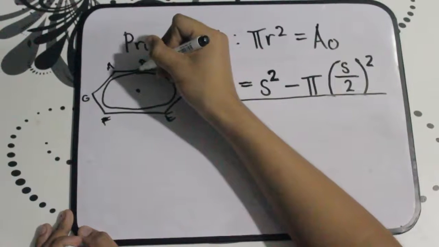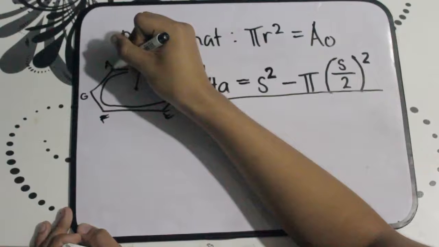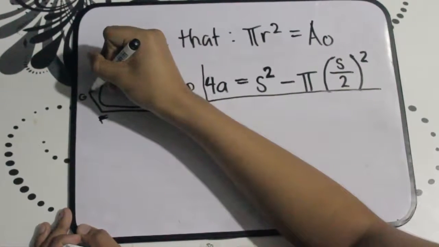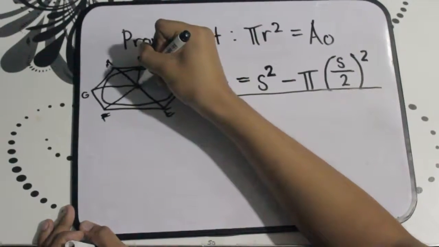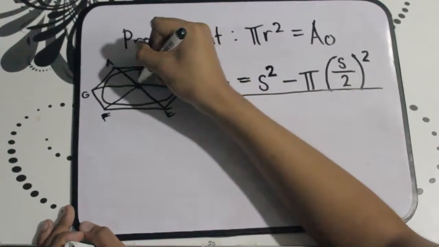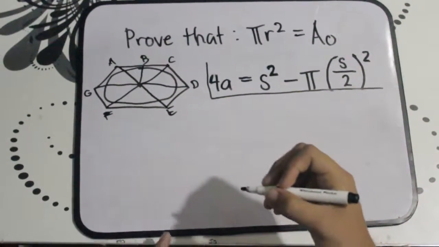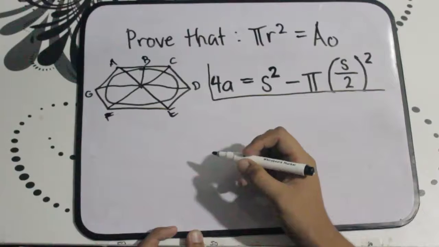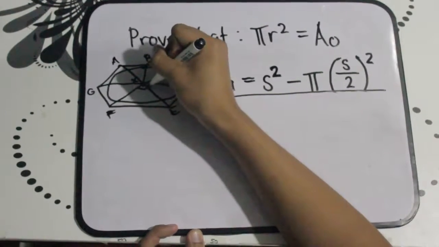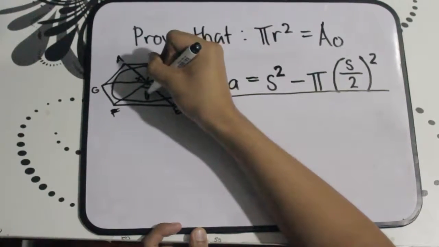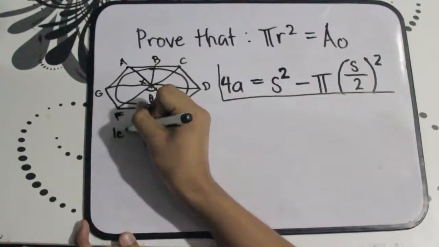And from these different endpoints, we're going to relocate it towards the center. We're going to label the radius as X and theta within F and E. So let R be equal to X.